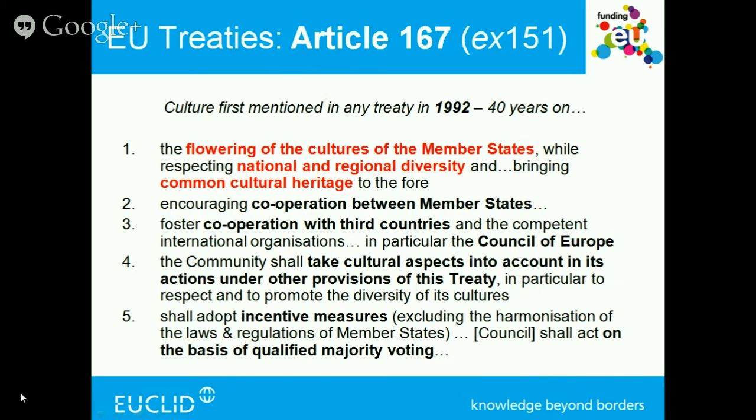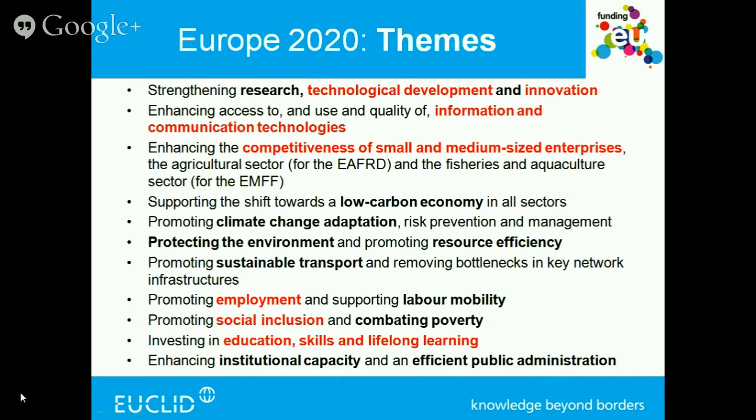Okay, Europe 2020, on the other hand, is directly relevant to Horizon 2020. You'll see that the first two talk about technological development and innovation, information and communication technologies, competitiveness of small and medium-sized enterprises. All of that is directly relevant to the Horizon 2020 program.